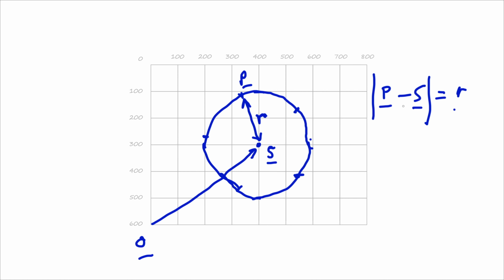Why did we say P minus S? Let me pick a different color just to show us. We're interested in this vector from the center to a point. This thing is P minus S. So if we had S, which is going backwards, minus S, plus P, if we add the vectors together, we get this one here.